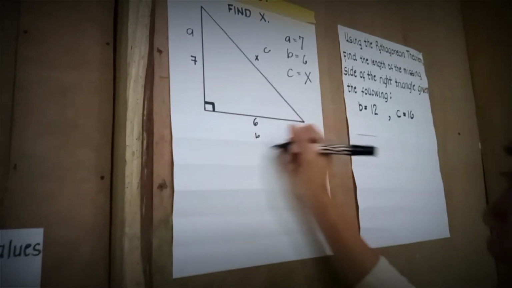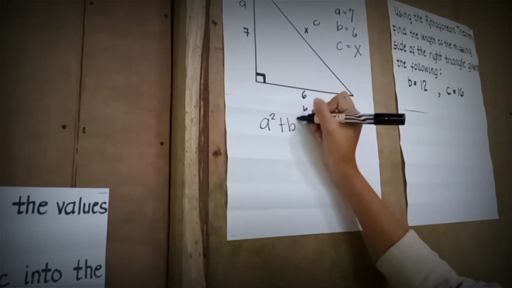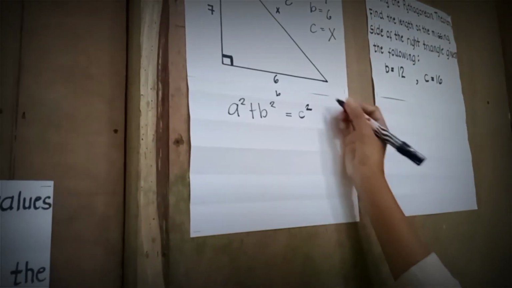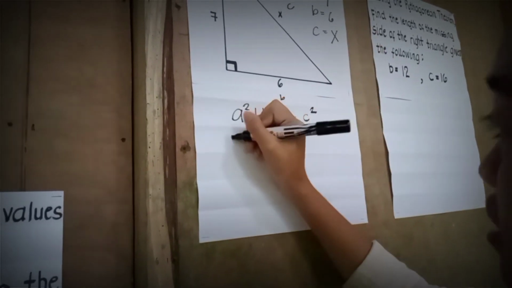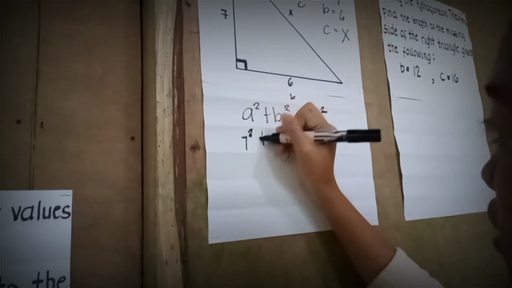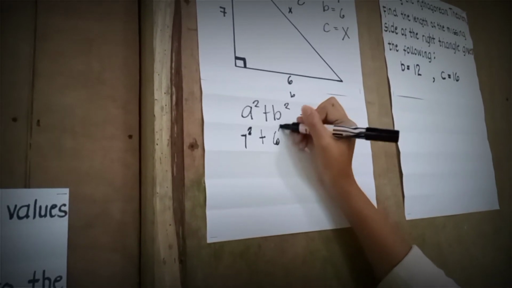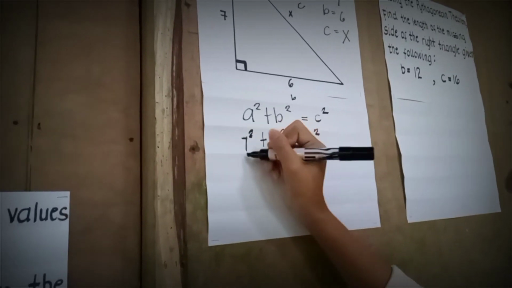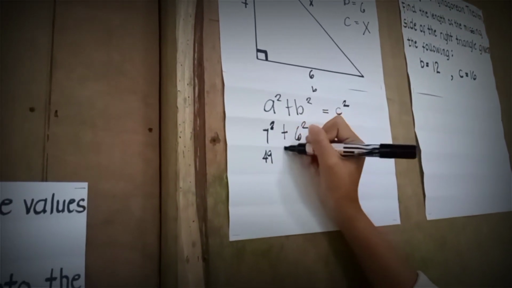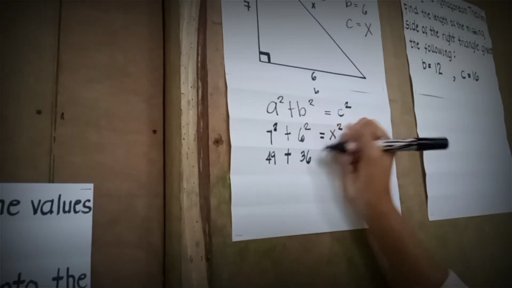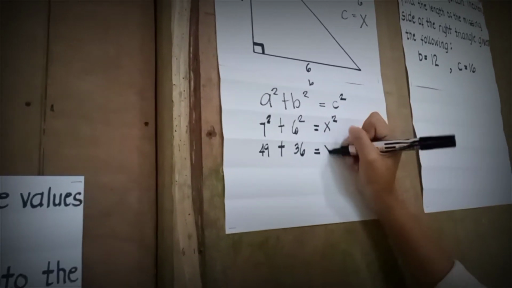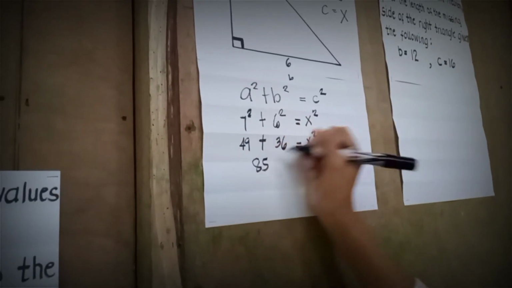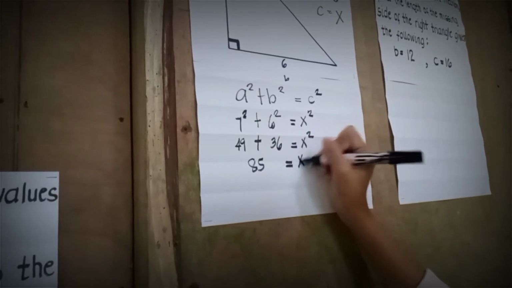Using the formula, a squared plus b squared equals c squared, we substitute the given values. 7 squared plus 6 squared equals x squared. Simplify. 7 squared is 49, plus 36, equals x squared. So, 49 plus 36 equals 85, which equals x squared.